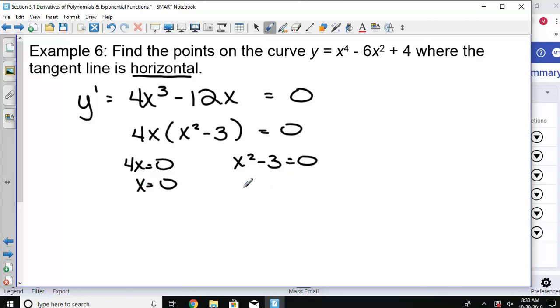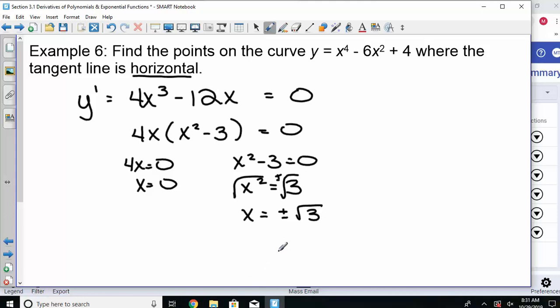So we get x equals 0, and x squared equals 3. If you want to solve for x, you take the square root, plus and minus, so x is plus and minus radical 3.